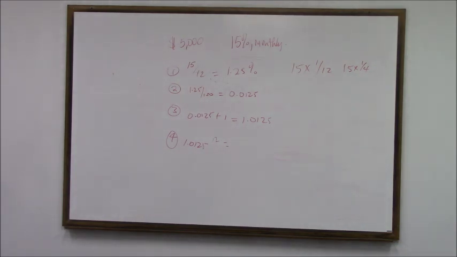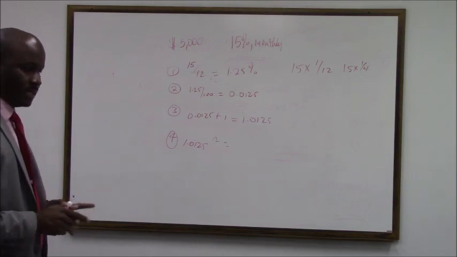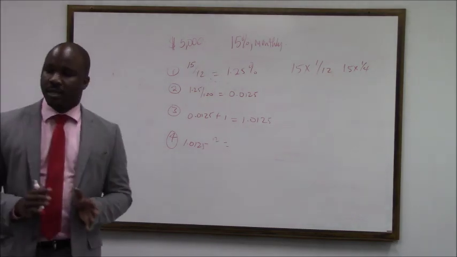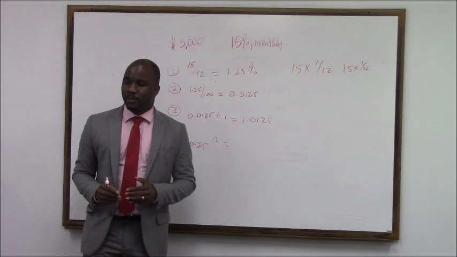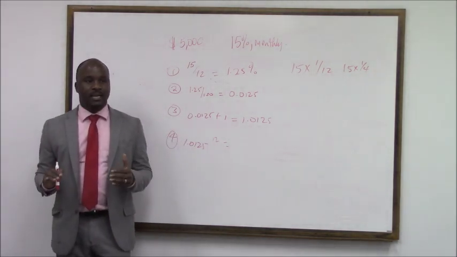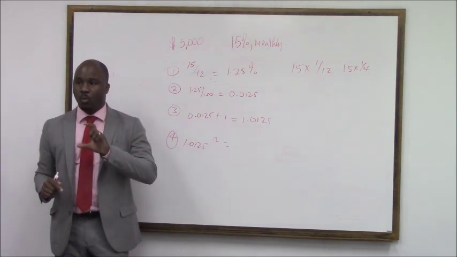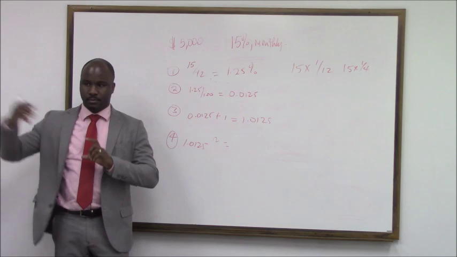Is it going to get greater or is it going to decrease? If you take any number and you multiply by a decimal, a decimal is only a fraction of a number. So the reason why you add 1 is because any number multiplied by 1 stays the same. The only way that a number will never decrease is if you multiply it by 1 plus something else. Make sense?